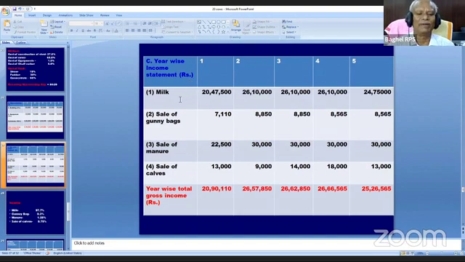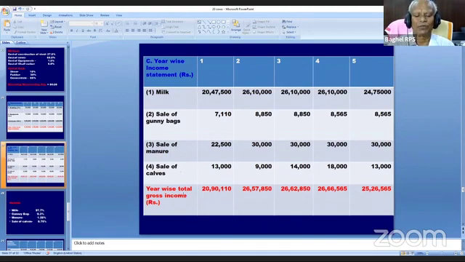Now, major income depends on the milk. In the first year, you have mainly 10 animals for 6 months, so the total milk output return will be less. From the second year, the value is increasing. Then there is sale of gunny bags, sale of manure, and sale of crops.